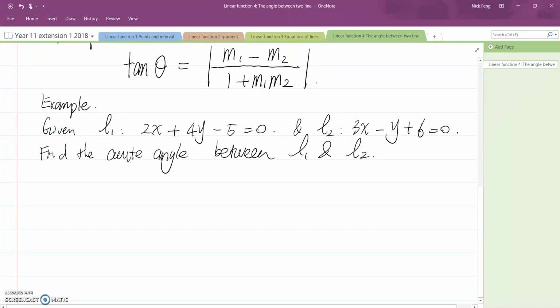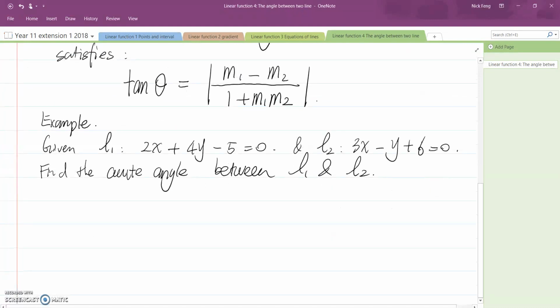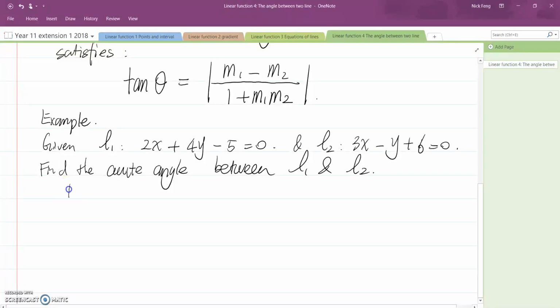Okay, take a look. First of all, remember, to find the angle between the two lines, we need m1 and m2, which are the gradients of L1 and L2. Unfortunately, these two lines are given in general form. That means you can't just quote a gradient directly. So for L1, we need to change both of them back into gradient-intercept form first.